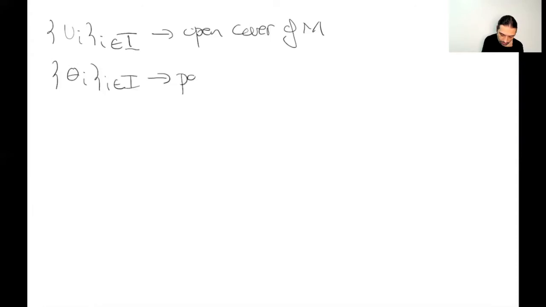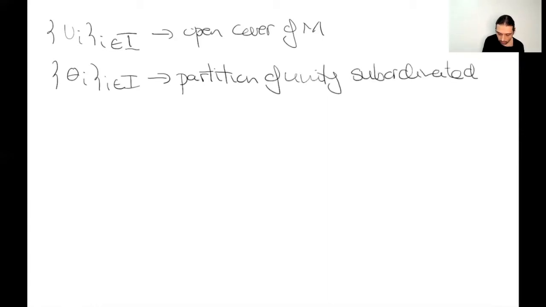So this means, in particular, that the support of theta i is contained in ui.